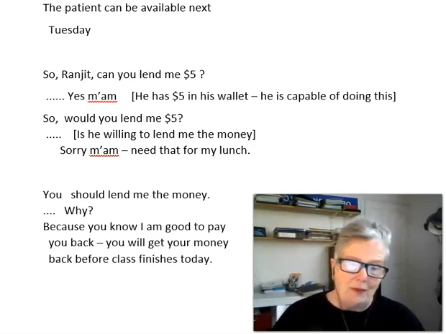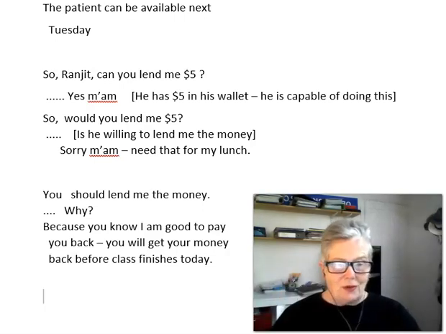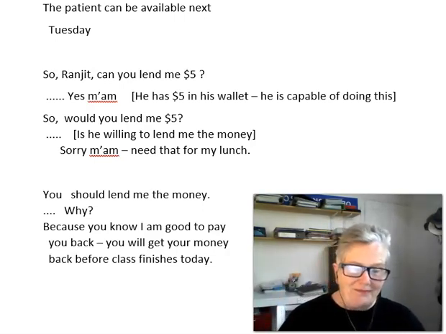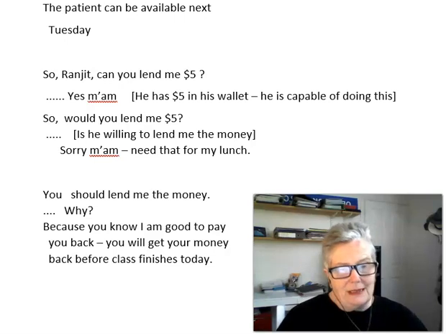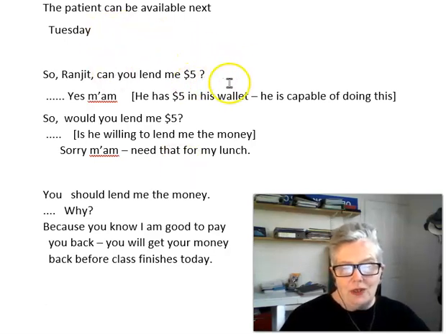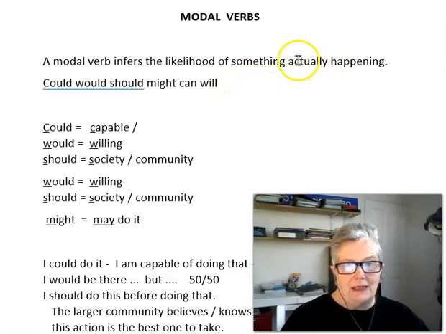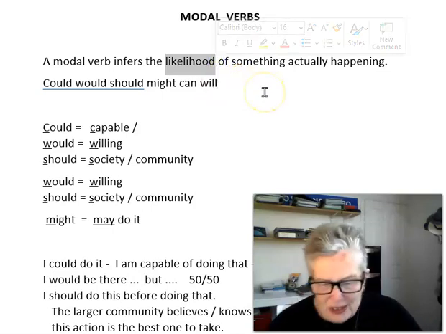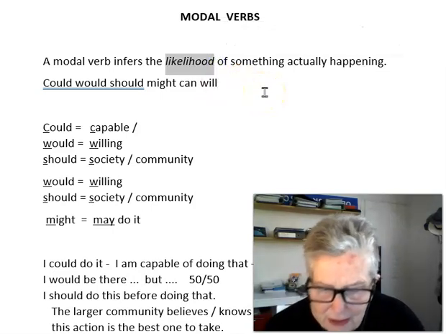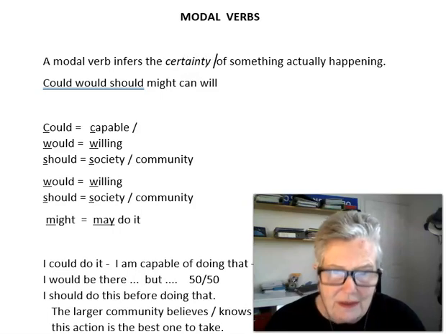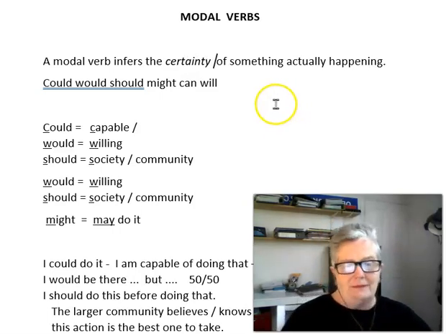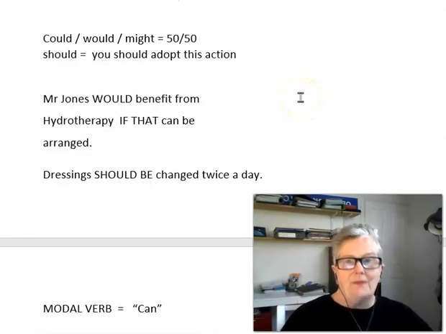And then you'd be in a great predicament whether or not to lend me $5. So there's all these little subtle differences. So would, could, should, can, they're modal verbs, and it's the likelihood of something, it's probably the certainty, that's probably a better word to put, certainty of something actually happening, right? That's modal verbs. Okay, that's it for this one. On to the quiz.